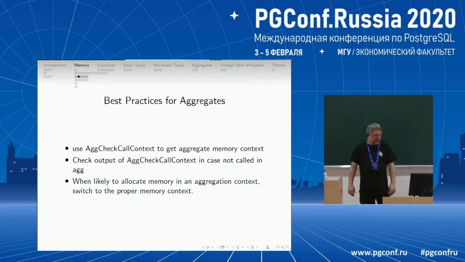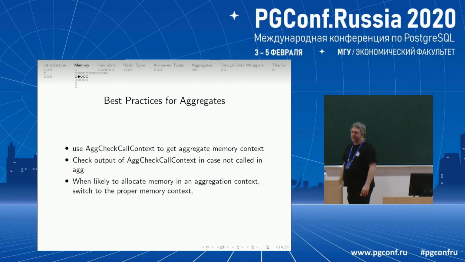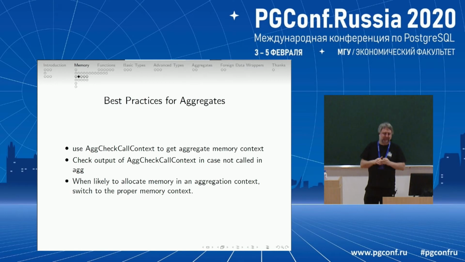Best practices for aggregates. If where something's allocated matters, always use AggCheckCallContext. Let me explain to you why this is important. Suppose we have a per row memory context. It's 8K, right? We've written an aggregate that has to allocate some memory somewhere. And we forget to allocate it to the right memory context, and so it goes onto the tuple memory context.